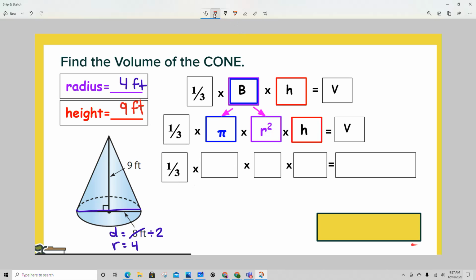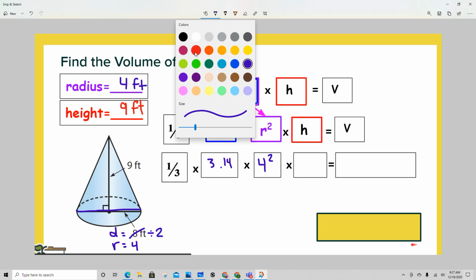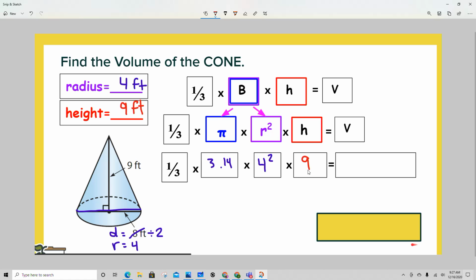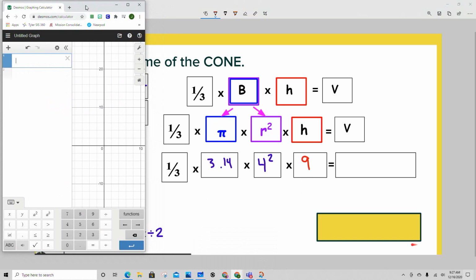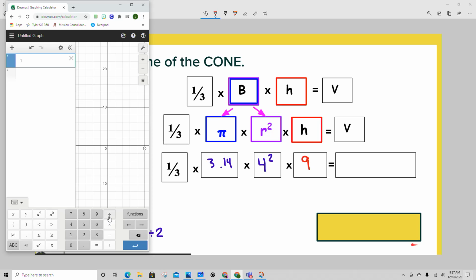So we'll go ahead and substitute that. So 1/3 times pi times the radius squared times our height. Go ahead and take your calculator, and you're going to type 1/3, push to the right, and press times 3.14 times 4 squared times 9.